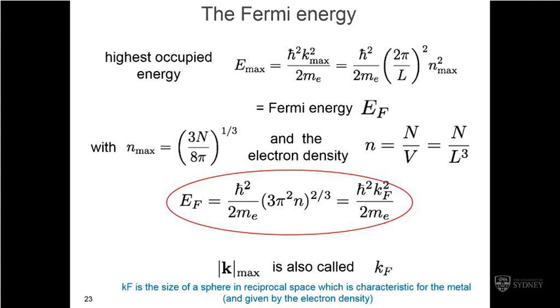And the corresponding K max that corresponds to the Fermi energy is called the Fermi wave vector. Okay? And then we can also have the Fermi velocity, Fermi momentum, and other things.